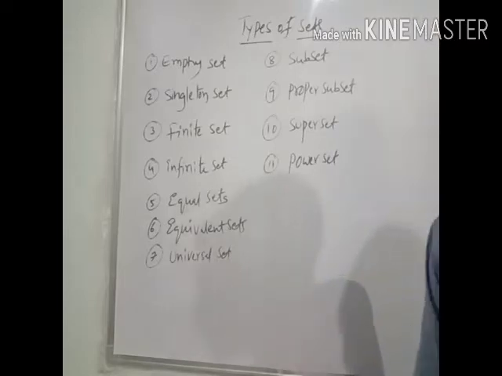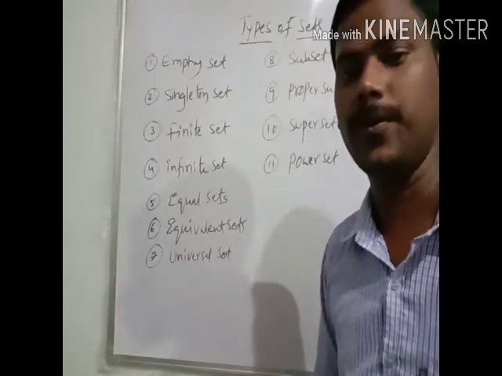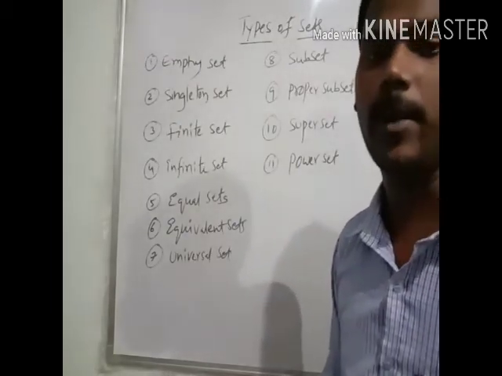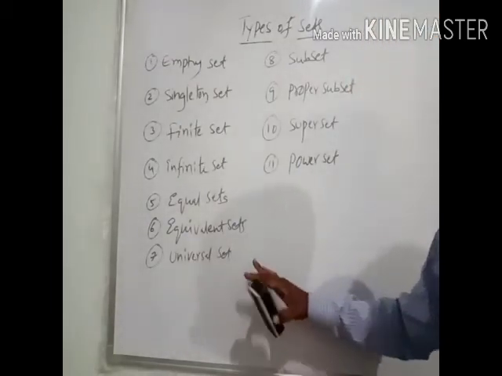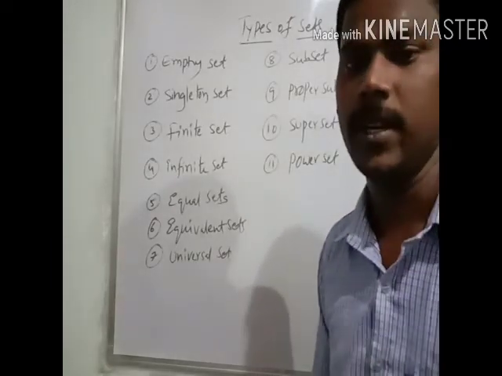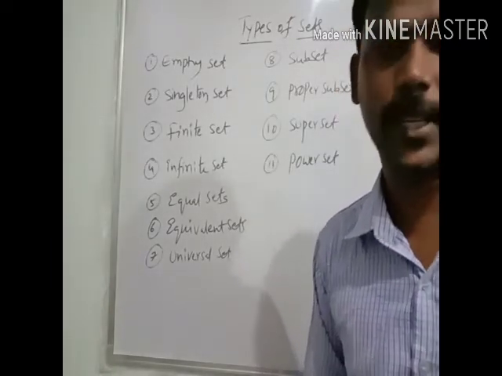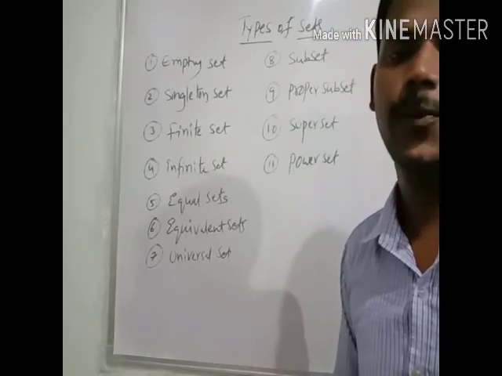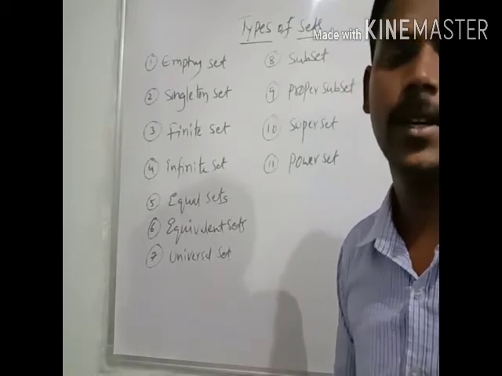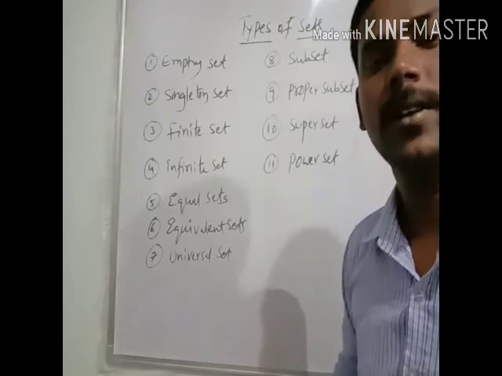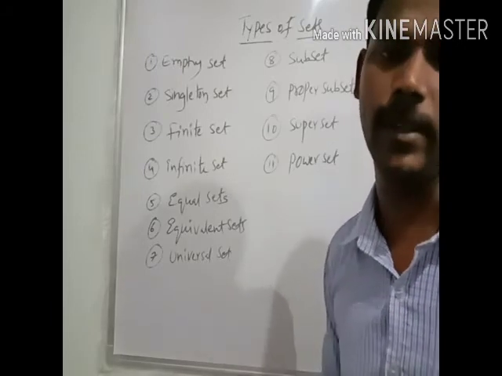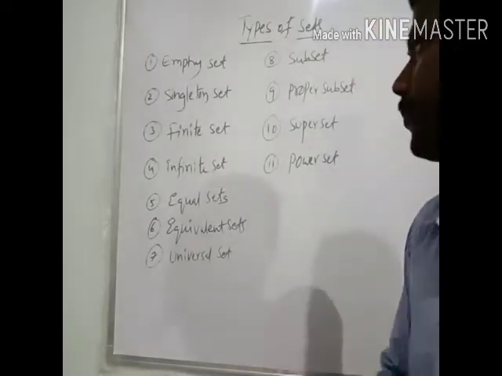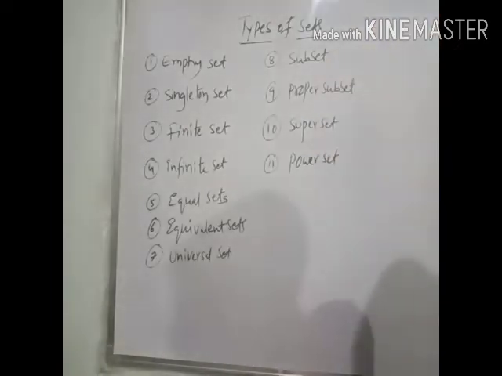Okay. Universal set. The set of all the objects or elements which satisfy the given condition is called a universal set. Universal set means it is the big set. That means if you take different sets A, B, C, all the elements of A, B, C are there in the universal set. The universal set is denoted by U. Next, subset.